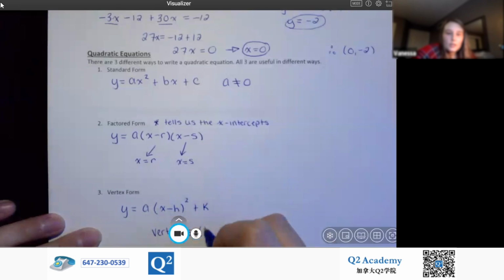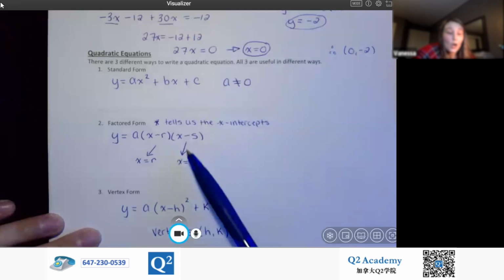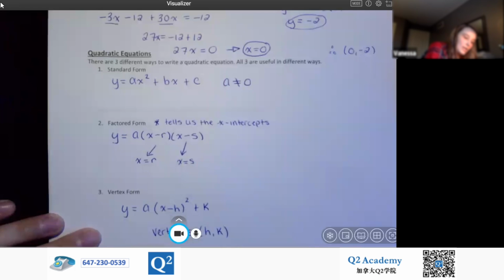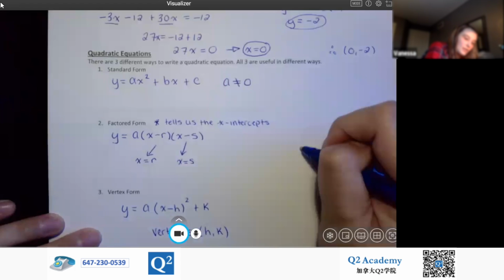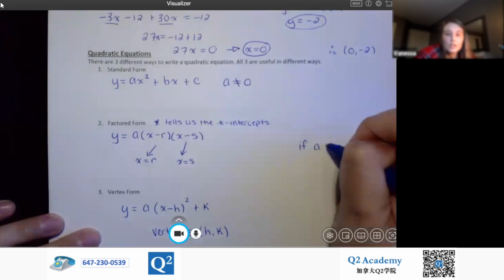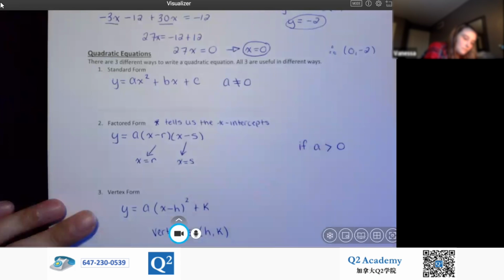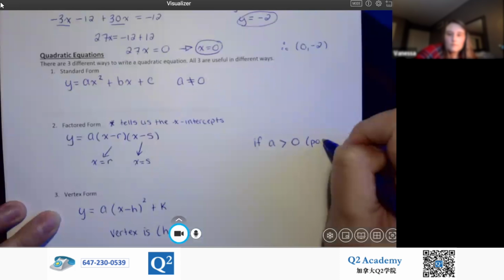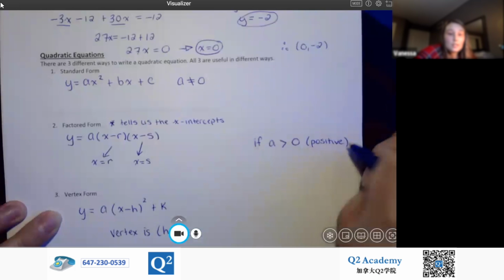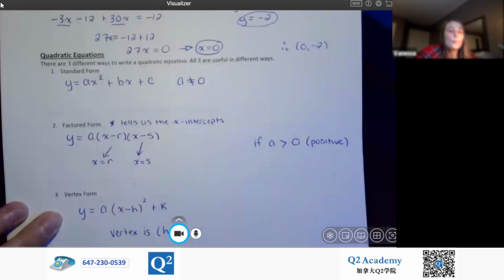So there is one more thing we need to discuss, and this is the letter a. For all three of these, if a is positive, so if a is bigger than 0, then the parabola or the quadratic opens up.